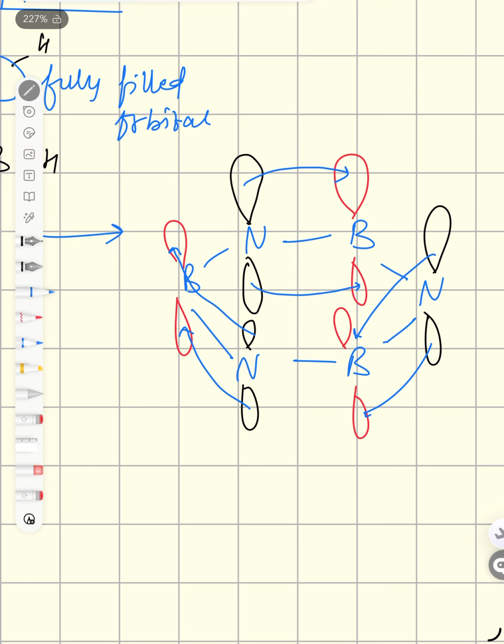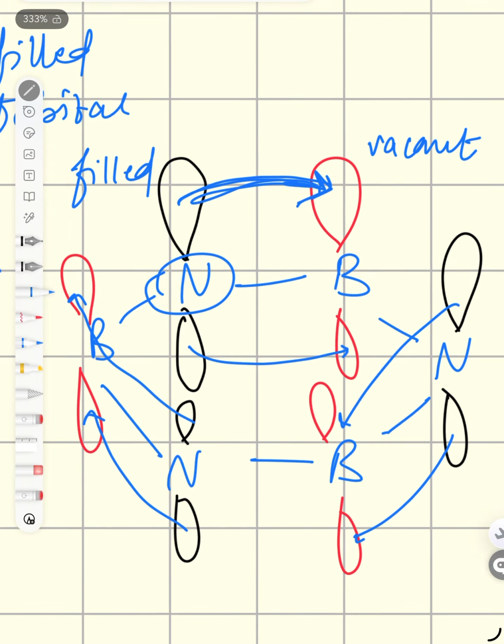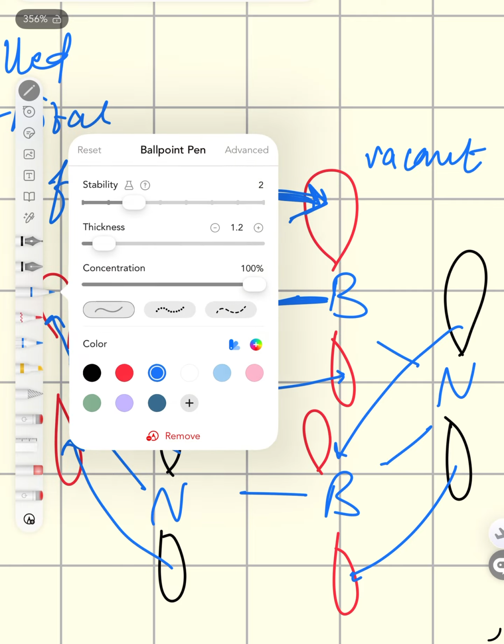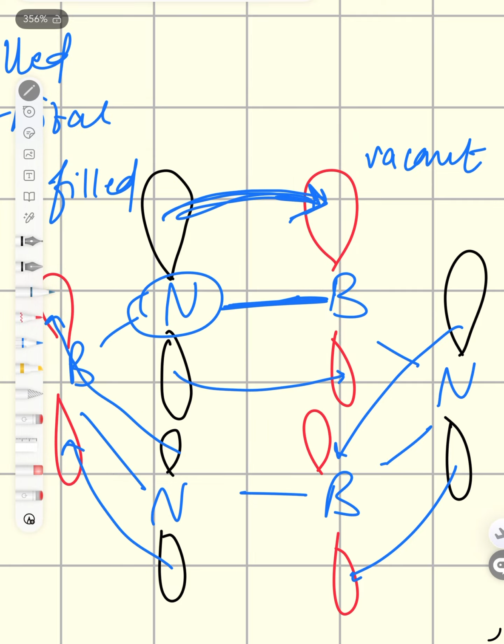This is the fully filled orbital. This is the vacant or empty orbital. The lone pair of electrons from nitrogen is shared with boron, resulting in the formation of a coordinate bond. It already had a covalent bond between them. Another coordinate bond is formed.